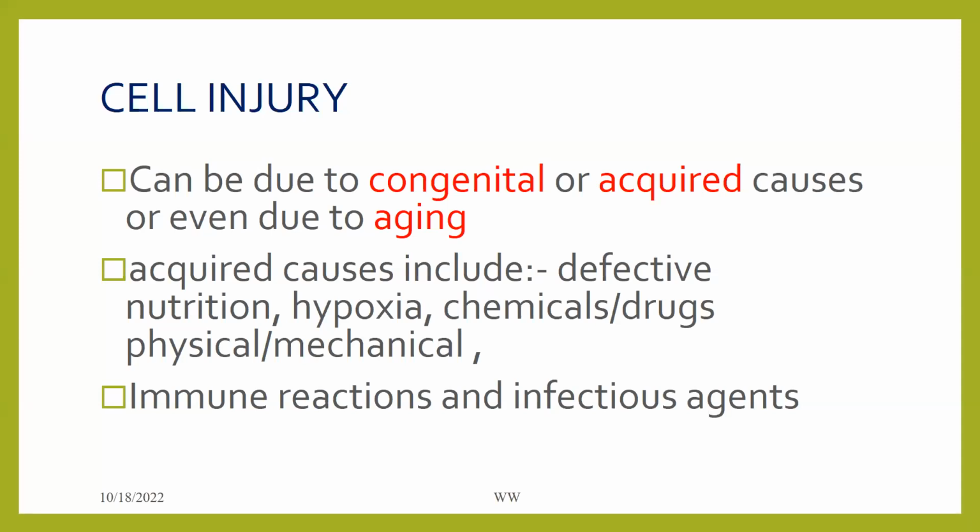When somebody comes with a fracture, or with a stone in the bladder compressing the bladder wall, all those are creating injury at the local site. Presence of a growth creates injury to the surrounding tissue. So there are many causes of injury.